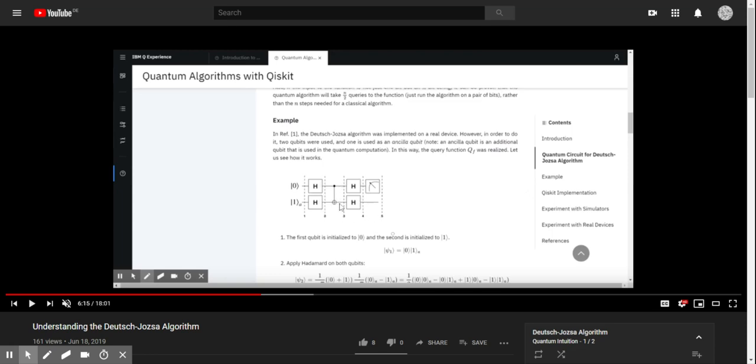So in this case, we have a control node in here. That would be the equivalent.